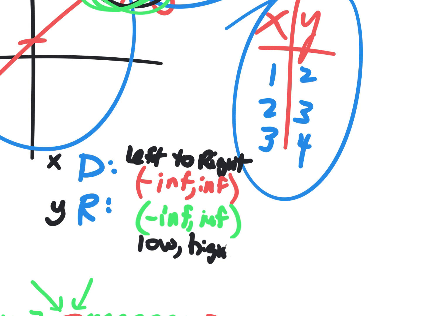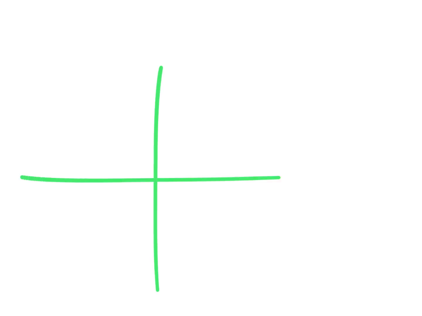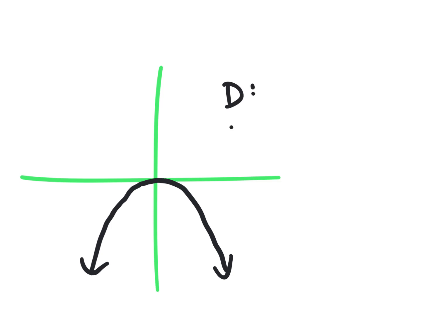All right, so is every answer negative infinity to positive infinity? Of course not. So I'm going to make you one more. Everybody graph this upside down parabola. Just sketch it quick like that. Write D for domain and R for range. The domain is how far it goes from left to right.